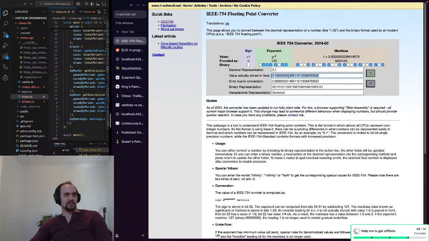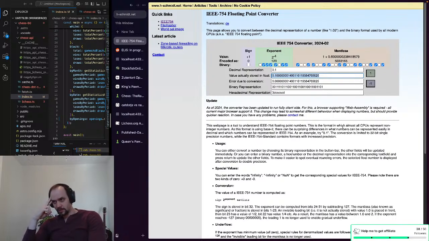But this isn't 0.1. There's this error here. And so I imagine that they take this error state of the number, add the other error state of the number, and they actually result in a visual error state of the number.